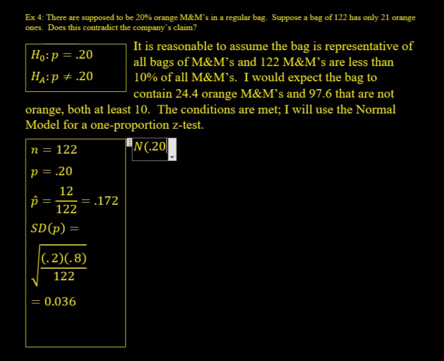So we have a normal model with a proportion of 0.20 and a standard deviation of 0.036.